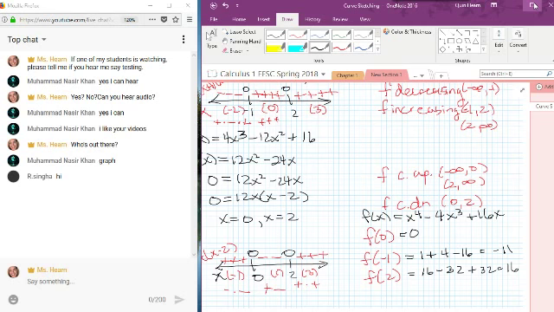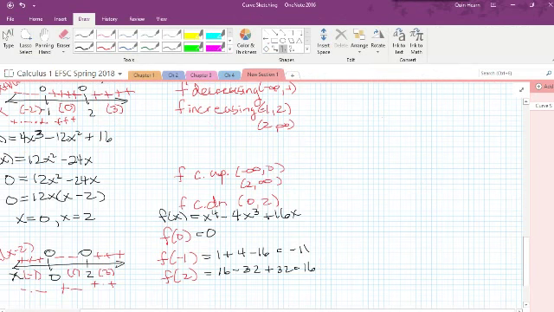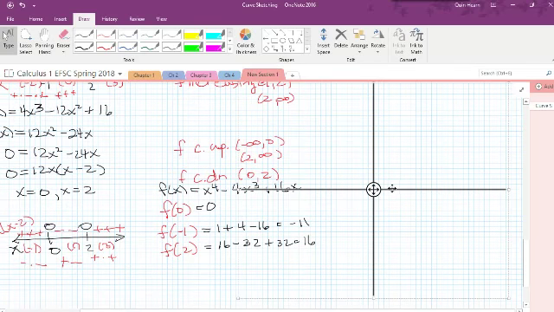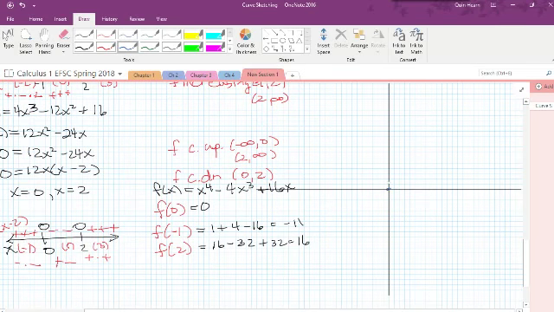Okay, and I'm going to draw a graph. Obviously that's 0, 0. Okay, all right, so we have 0, 0 here, and then we're going to plot -1, -11.